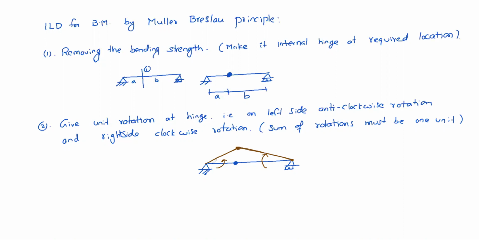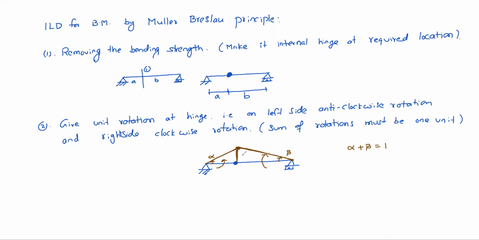Let us assume this angle is alpha and this angle is beta. We are rotating the left and right parts by alpha and beta. We know alpha and beta together must be 1, the total rotation.